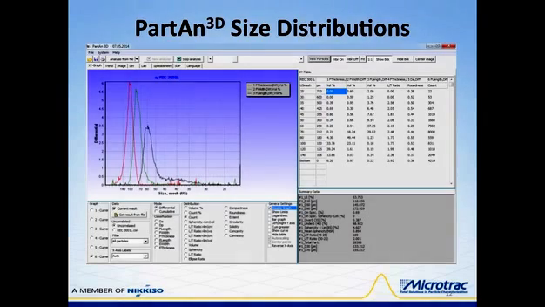Here is one of several results displays in the Partan 3D mode software. Notice in the graph and table windows, top left and top right, that not only are the length and width size dimensions displayed as they are in 2D analysis, but the distribution of thickness, the third major axis, is also reported.